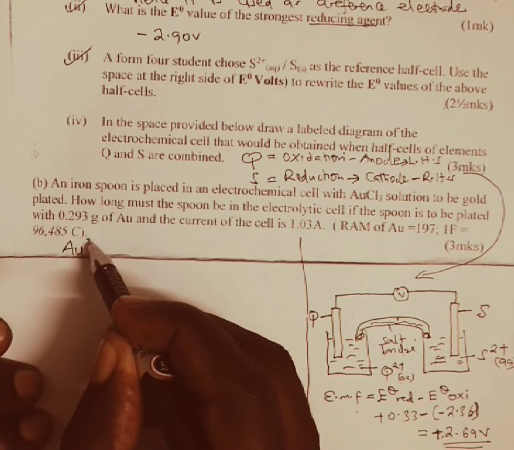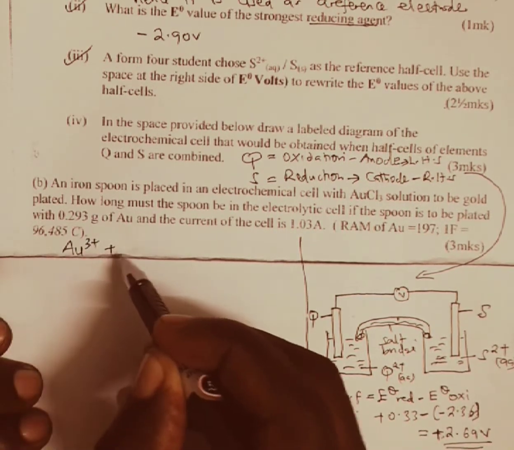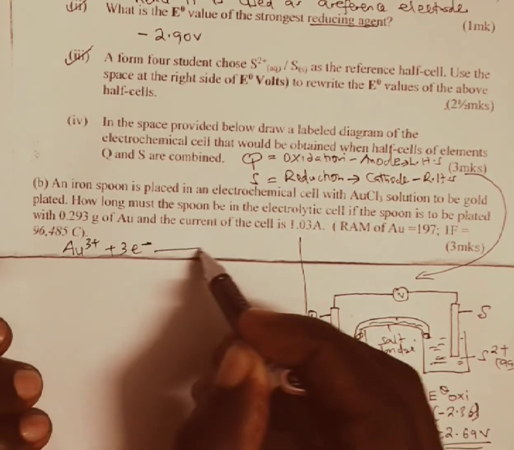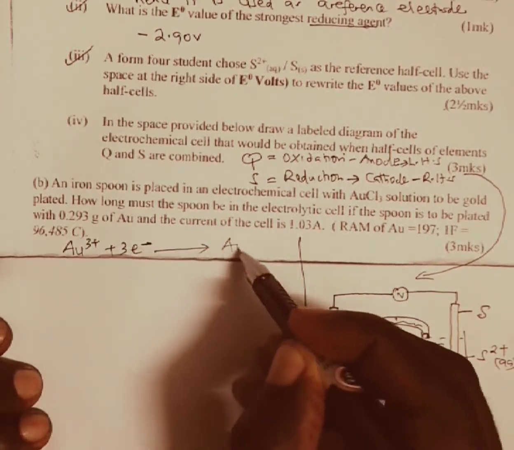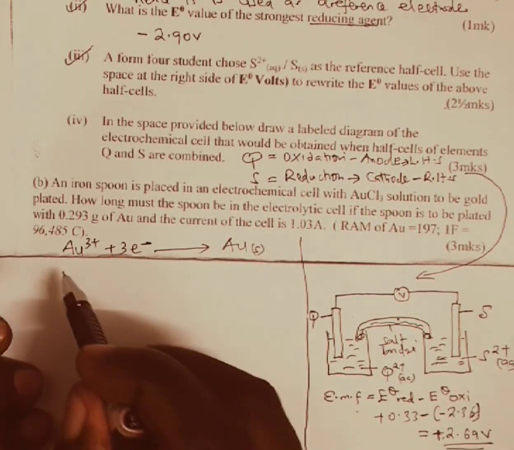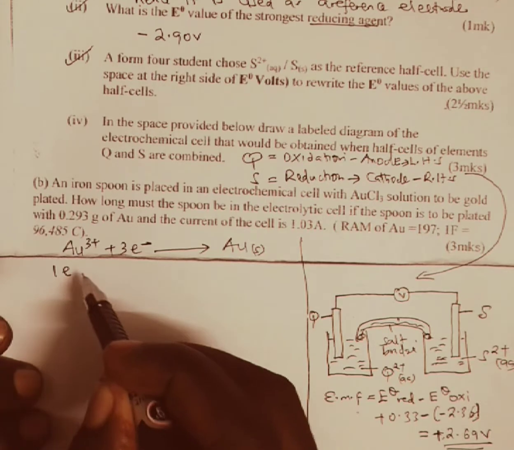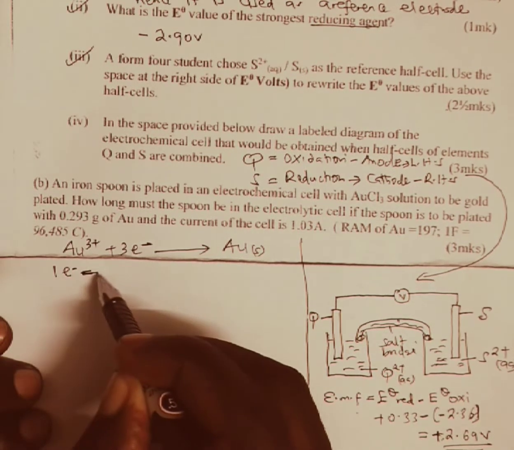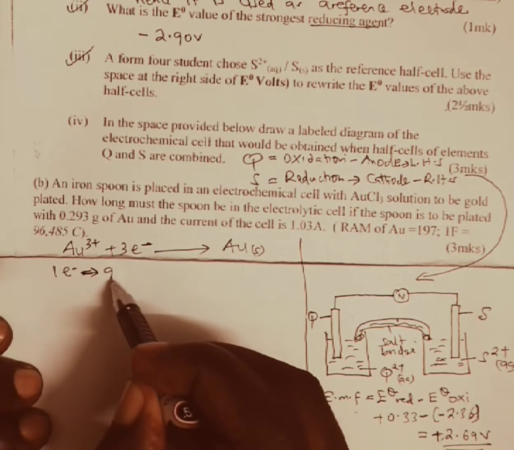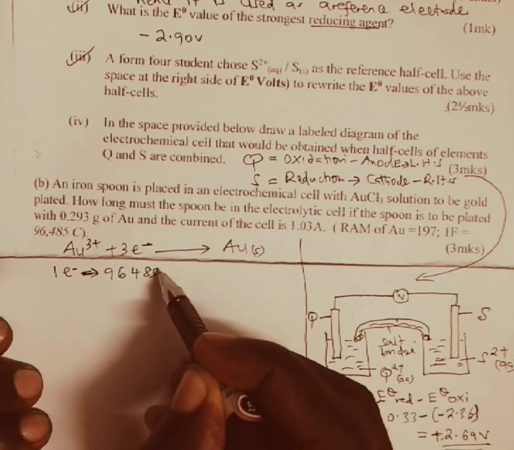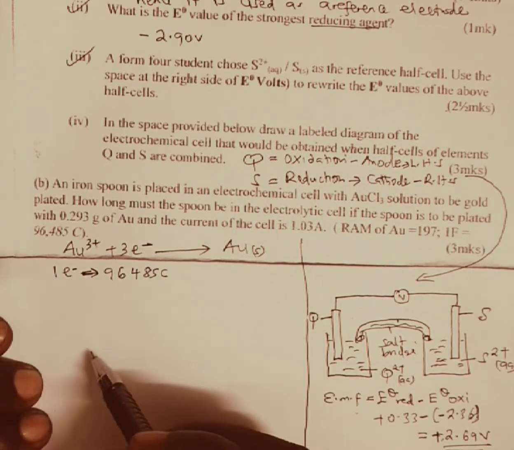One thing that we should know is that gold ions will accept 3 electrons for us to have a deposit of gold, which is now a solid. And we know 1 electron requires 96,485 coulombs of electricity.